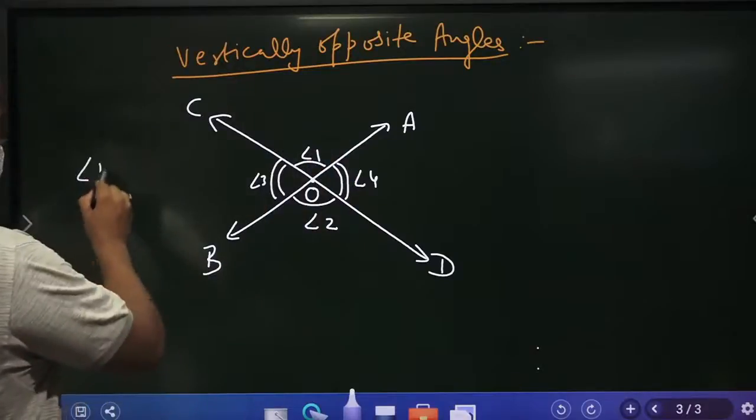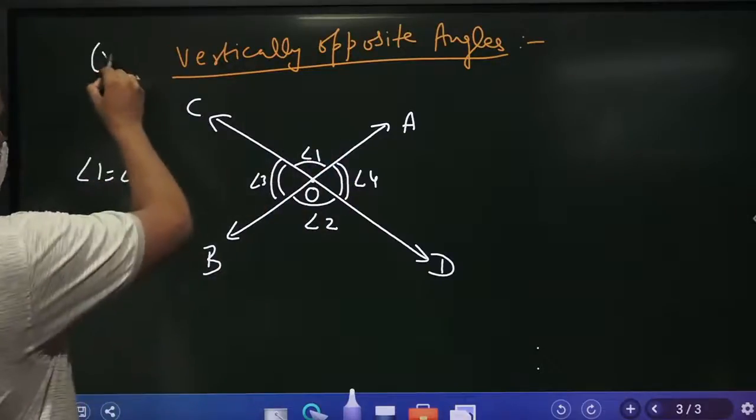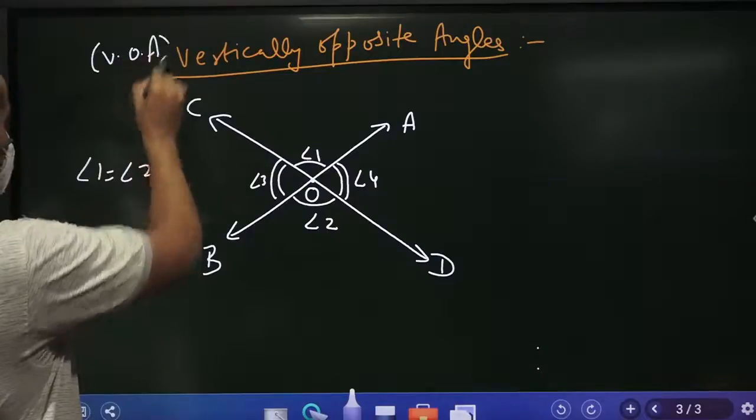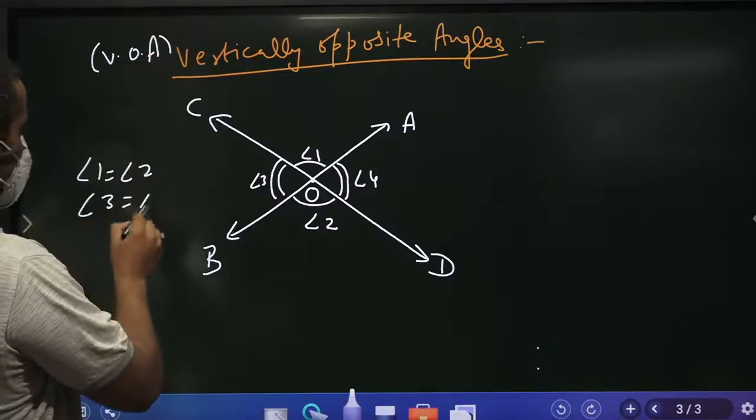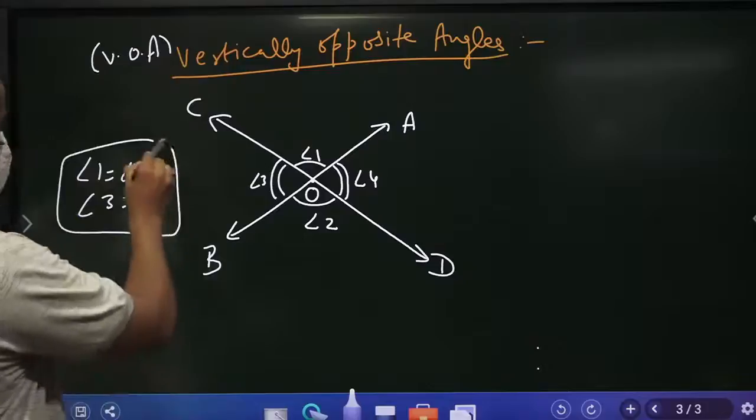So angle 1 equals angle 2, those are vertically opposite angles, and angle 3 equals angle 4.